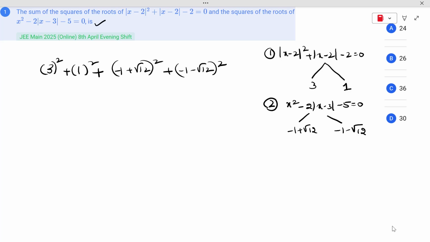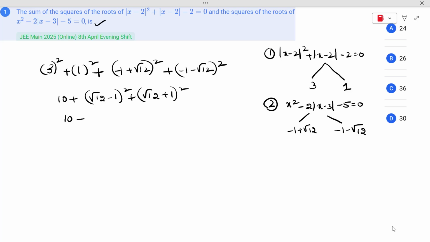So 3 square plus 1 square is 10, plus you can write it as root 12 minus 1 whole square. The minus whole square is plus, so you can write root 12 plus 1 whole square. This is a minus b whole square plus a plus b whole square, which is 2 times a square plus b square, or just simply expand it, you will get the same answer.